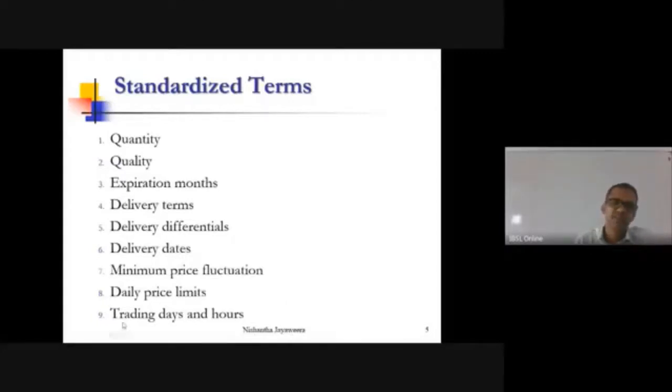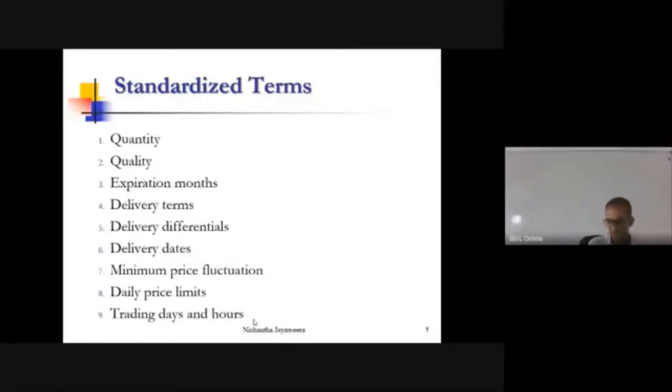And they specify during which days you can trade and what the hours of a trading day are for the futures contract. It's not open 24/7, but there are trading days and trading hours that they have specified.